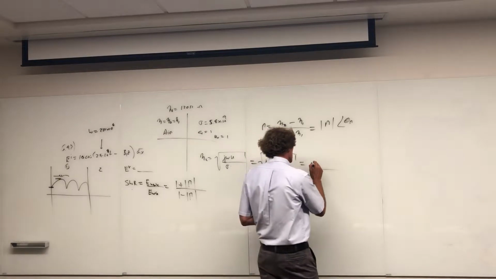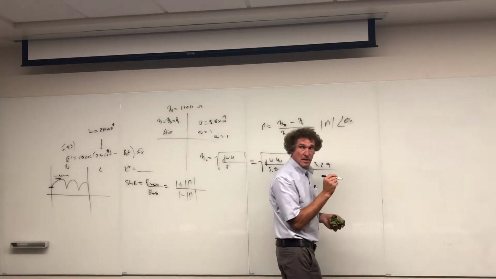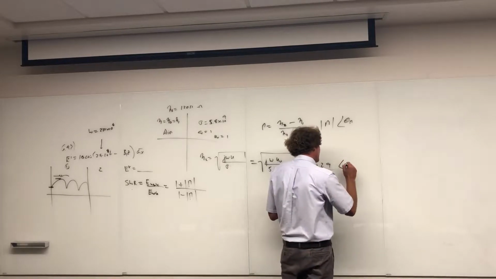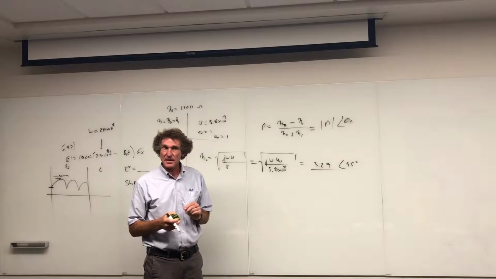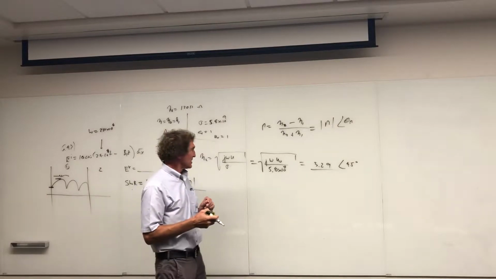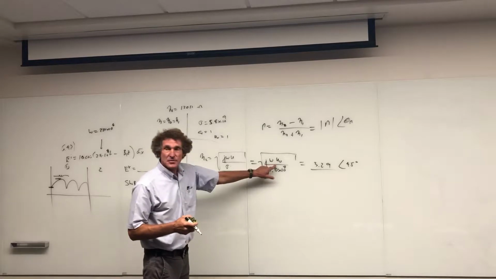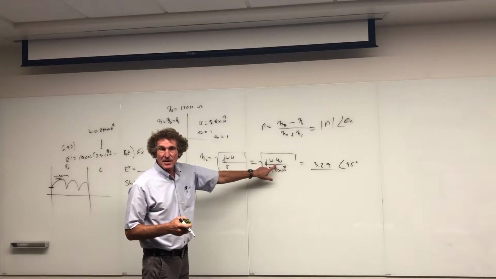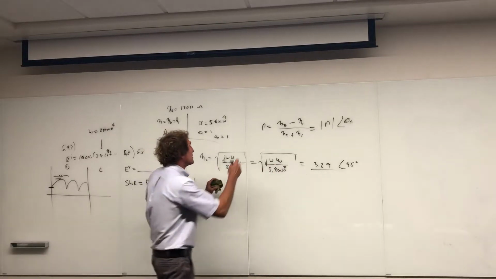The angle is 45 degrees. The magnitude, someone says 3.29, but maybe that's not right. Because mu naught is 4 pi times 10 to the minus 7th.